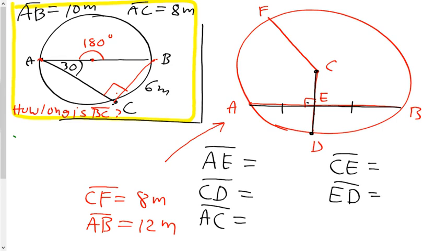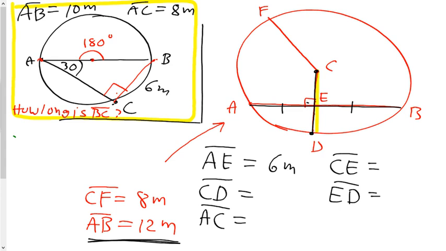How long is AE? Well, information-wise, we know the chord before it was cut in half was 12. So because it's cut in half, we know that this is going to be 6 meters, right? Half of the 12-meter chord. CD, and I'll use the highlighter here, CD is this line here. And if I had to ask you, what term would you give that yellow line?